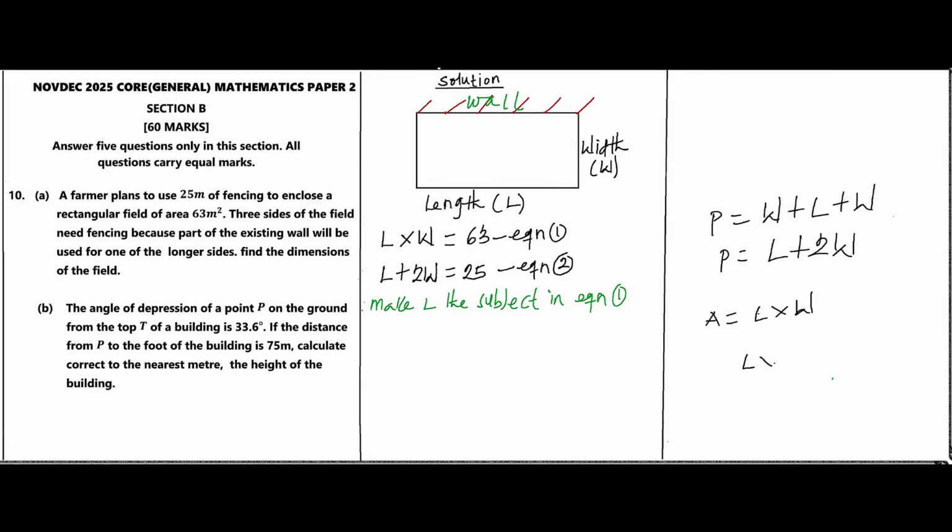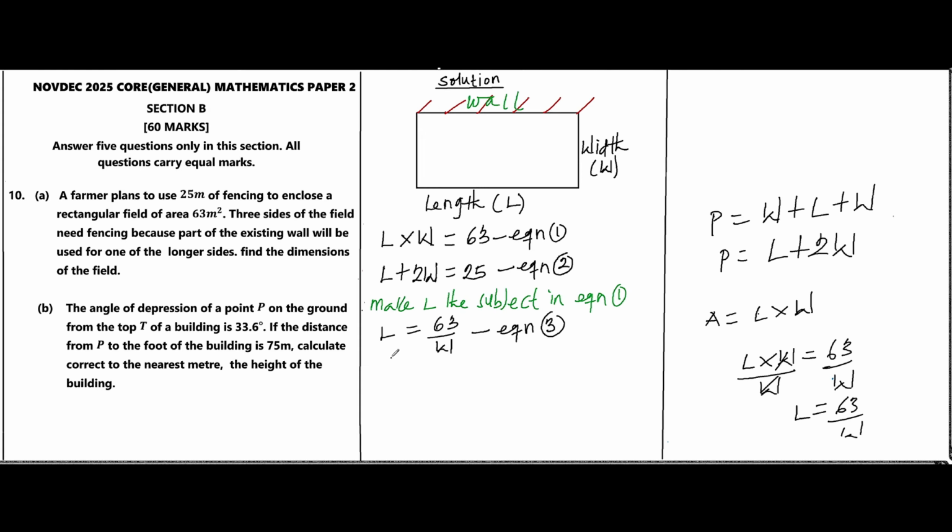We have L times W is equal to 63. So we divide both sides by W. So W will cancel out, leaving L is equal to 63 on W. So let's make this our third equation.